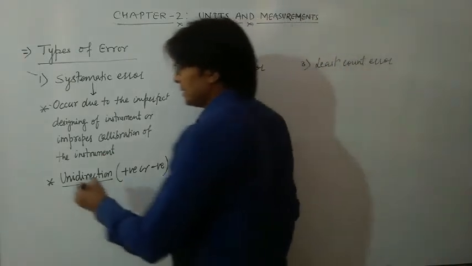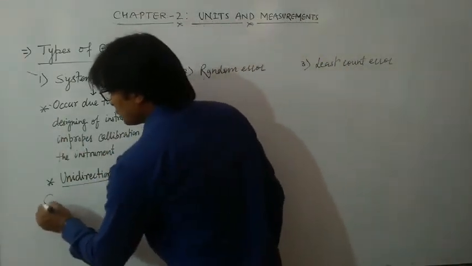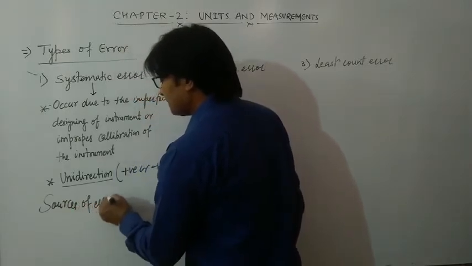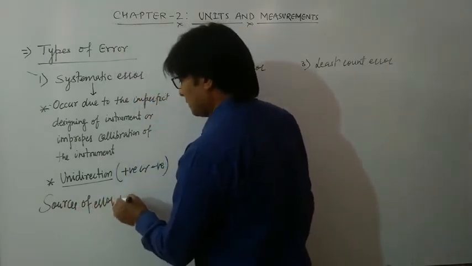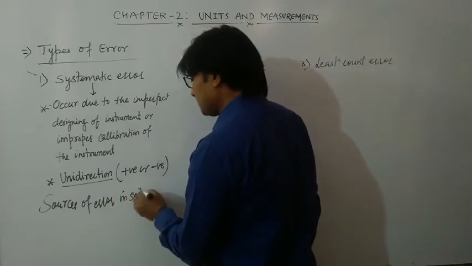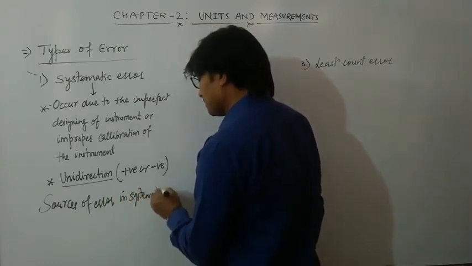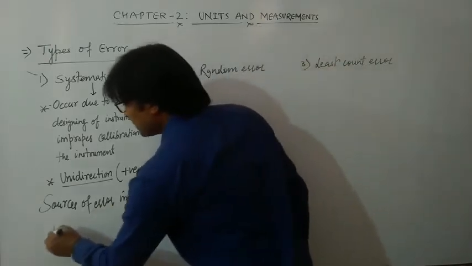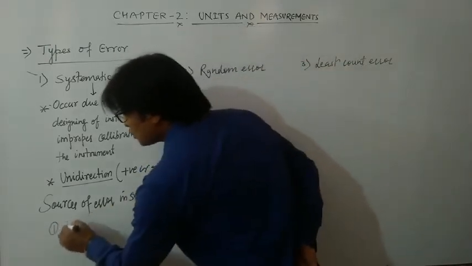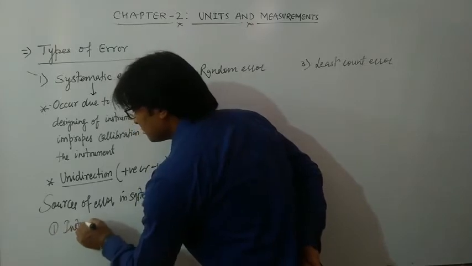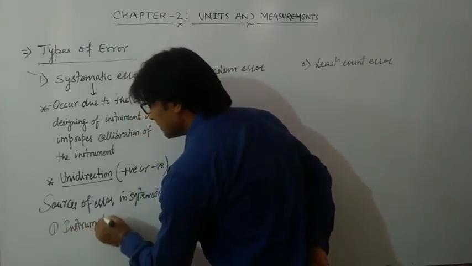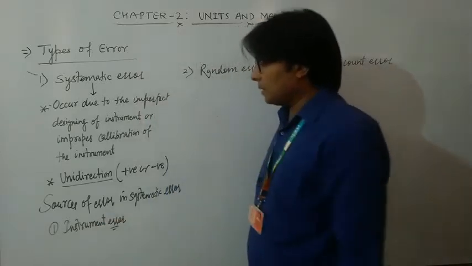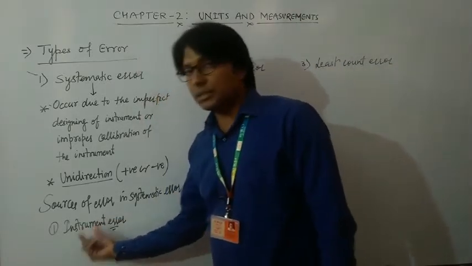And there may be sources of systematic error. First one is instrumental error, which occurs due to a fault in the instrument.